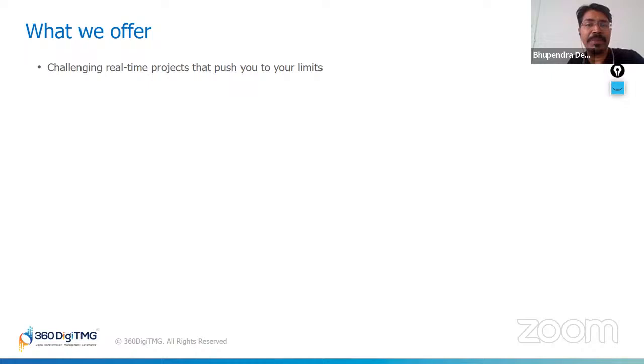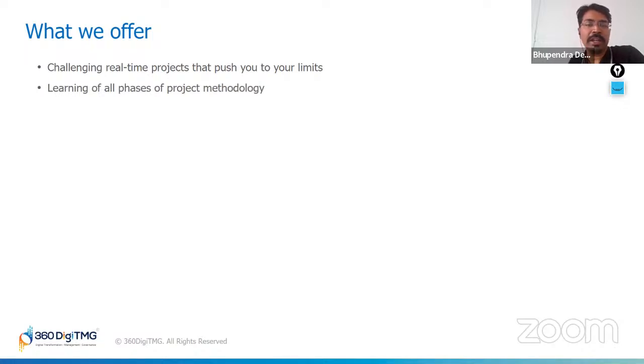Recruiters actually get impressed by published papers. So now, we offer challenging real-time projects that push you to your limits. You push yourself day and night, and yes, you complete your project and excel in it.